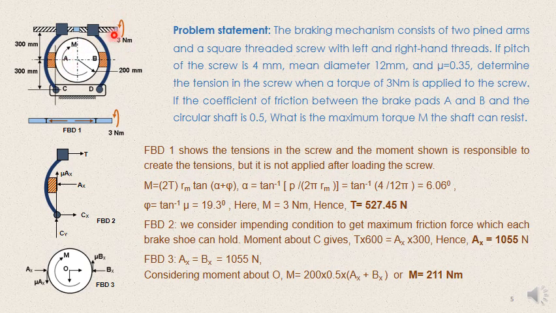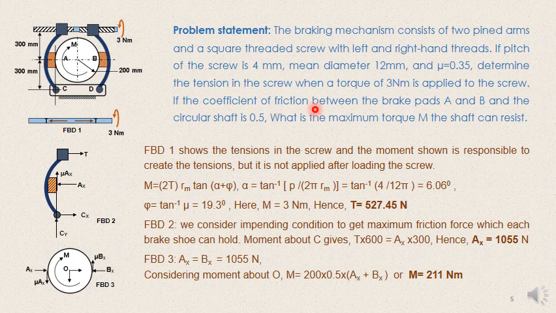Just by rotating a screw, and you can understand these brownish colored parts are two brake shoes, and this drum is rotating with a particular moment. Let us see what it requires. If the pitch of the screw is 4 mm, mean diameter 12 mm, and mu is 0.35, determine the tension in the screw when a torque of 3 Newton meter is applied to the screw.